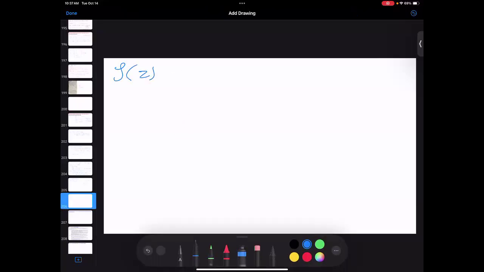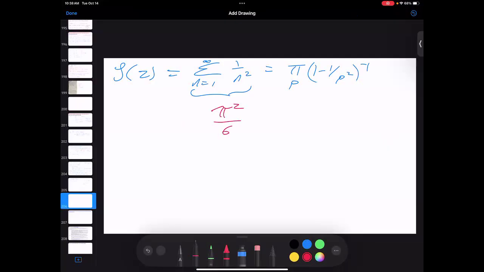Zeta of 2 is the sum of n goes from 1 to infinity of 1 over n squared, which is the product over primes of 1 minus 1 over p squared inverse. It turns out this is known to equal pi squared over 6. This implies that there are infinitely many primes because we know pi squared is irrational.